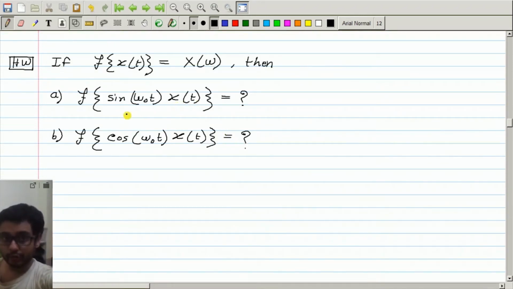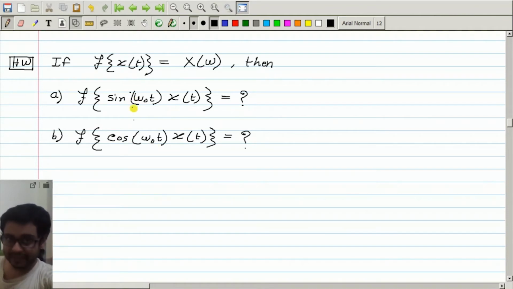Now, before proceeding further, you have a homework. If the Fourier transform of small x is capital X, then what will be the Fourier transform of the product of small x and sine omega naught t, or small x multiplied with cosine omega naught t?